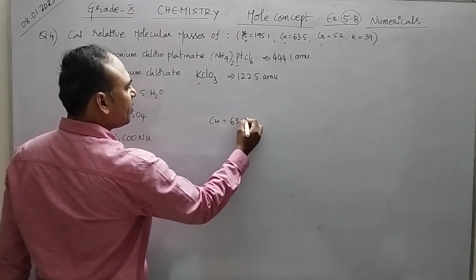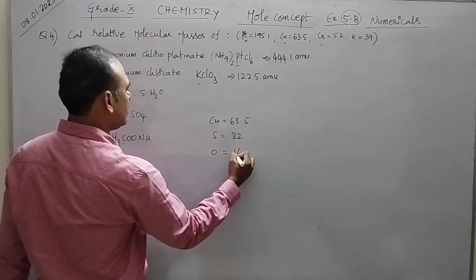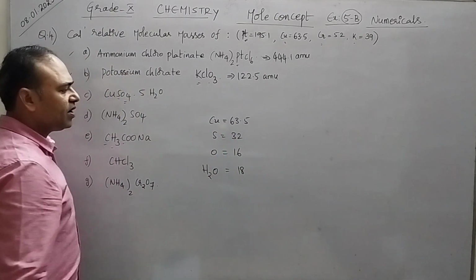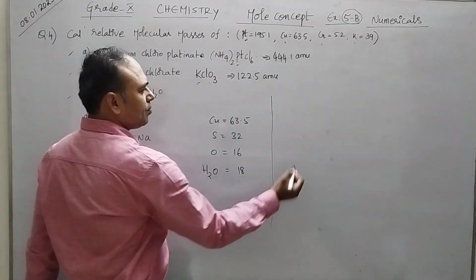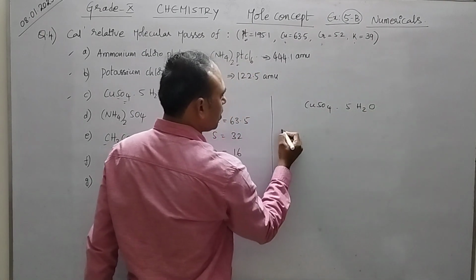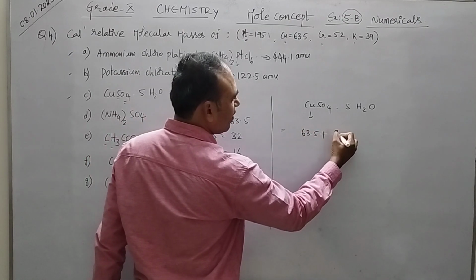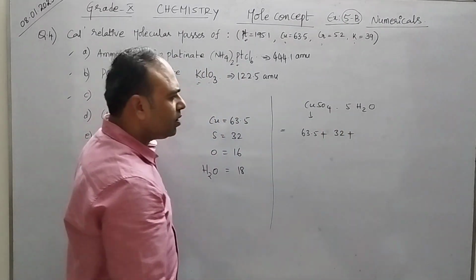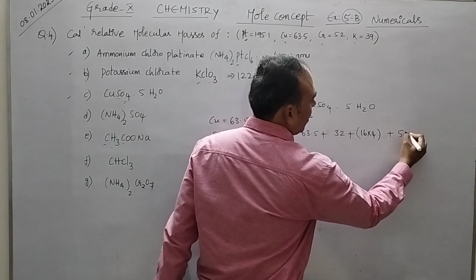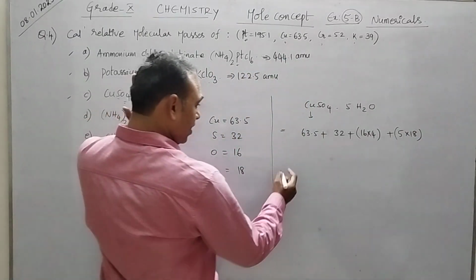Copper 63.5, sulfur is 32, oxygen 16, and for water we will directly write the molecular mass, 18. Next, we have written the formula CuSO4.5H2O. Individually copper 63.5, sulfur 32, and oxygen 16 into 4 plus 5 into 18. 18 is the molecular mass of water. We have 5 water molecules.